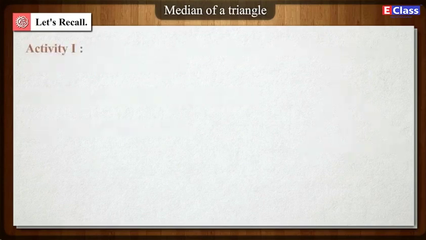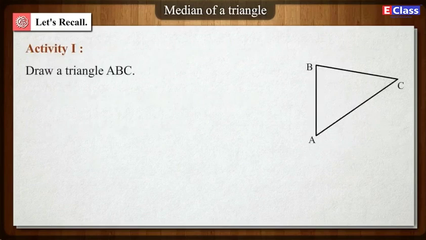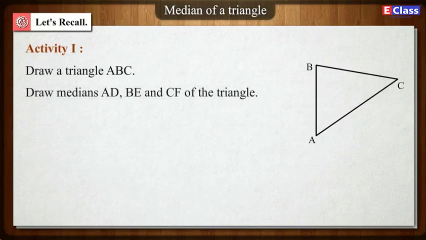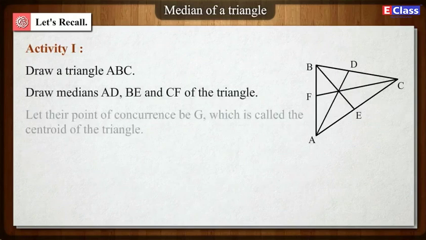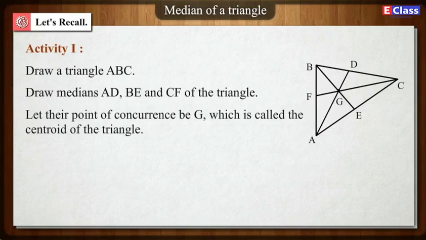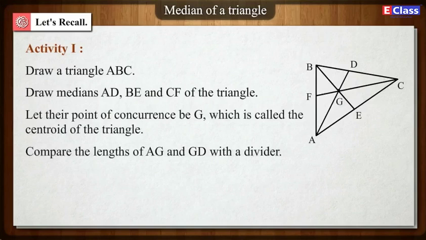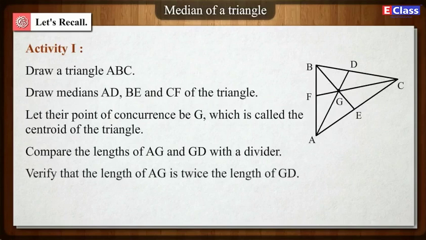Activity 1. Draw a triangle ABC. Draw medians AD, BE and CF of the triangle. Let their point of concurrence be G, which is called the centroid of the triangle. Compare the lengths of AG and GD with a divider. Verify that the length of AG is twice the length of GD.